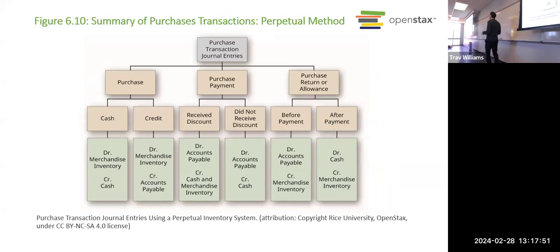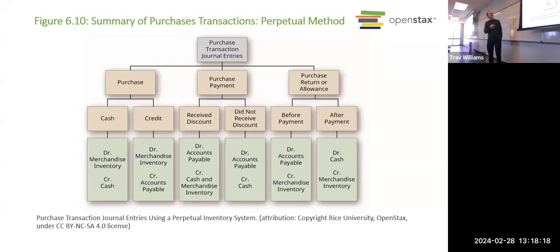This one is for perpetual inventory and for purchases. So if you're trying to figure out what account to debit and what account to credit, and it's perpetual inventory and it's related to a purchase, then you can use this chart and just find the right section, and there it tells you what to debit, what to credit.